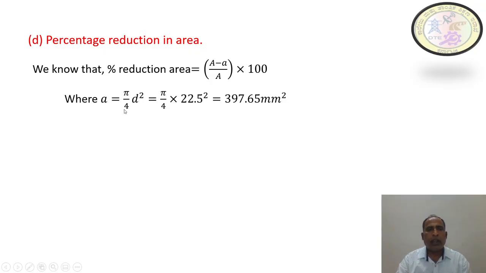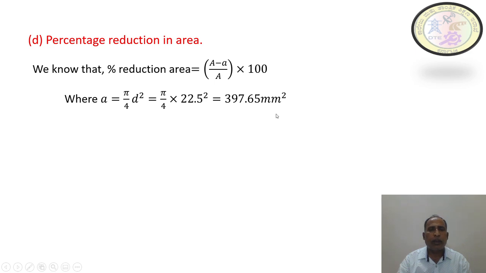Small a is the neck area, that is pi by 4 into neck diameter square, equal to pi by 4 into 22.5 square, that is 397.65 mm square. The original area we have already calculated, because the original diameter of the bar is 30 mm, so the original cross-sectional area capital A is 706.86 mm square.